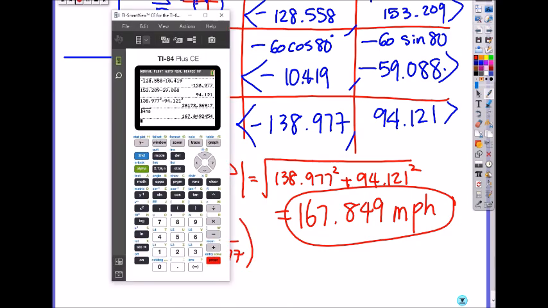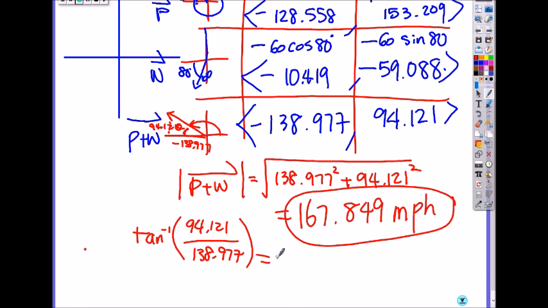So it is arctangent of 94.121 divided by 138.977. I get 34.107.